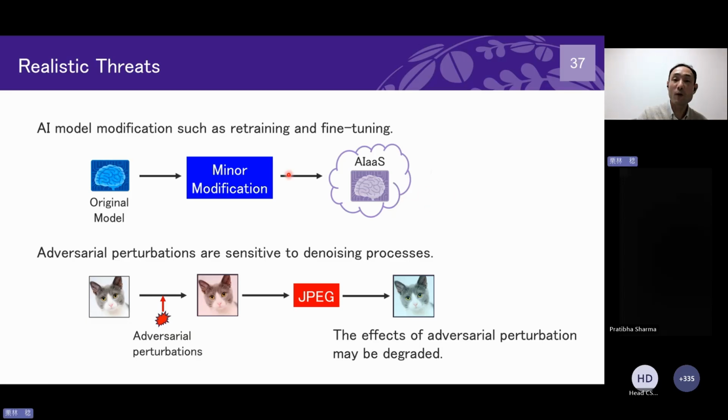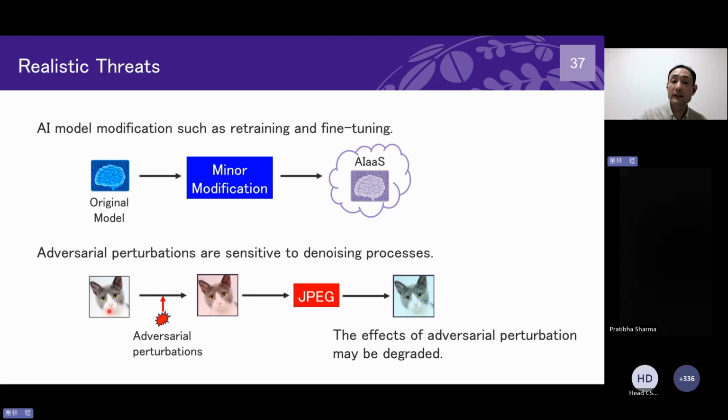Okay, this is one of the threats. So the requirement is that even if a minor modification is performed before the deployment to the cloud server, the ownership verification can work correctly.